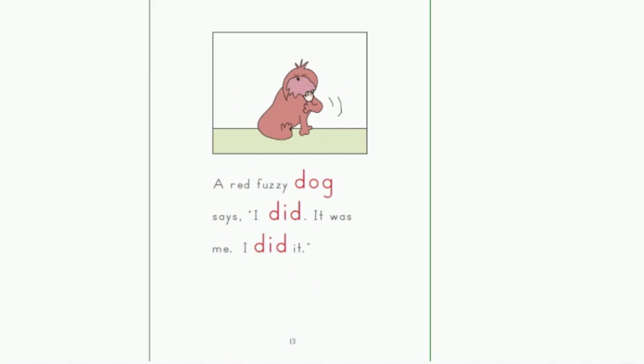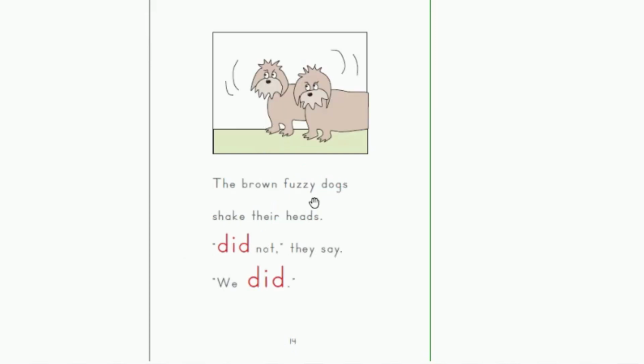Now we can see a new dog which is red in color. A red fussy dog says, I did, it was me. The brown fussy dogs shake their heads. Did not, they say.